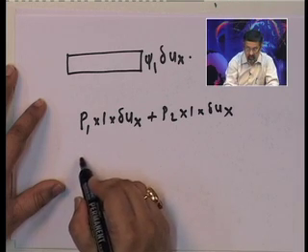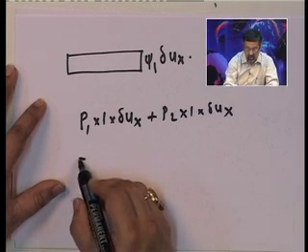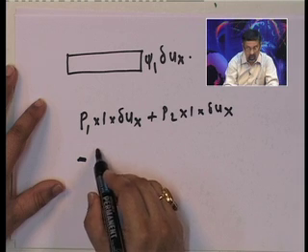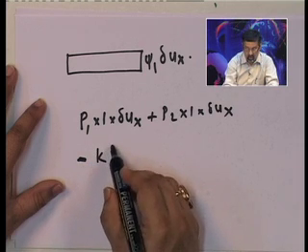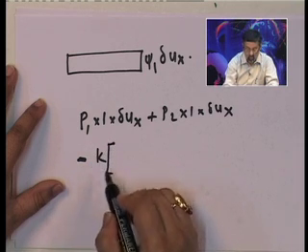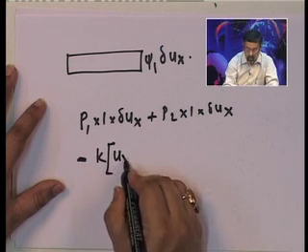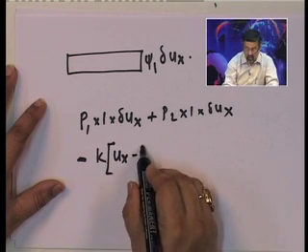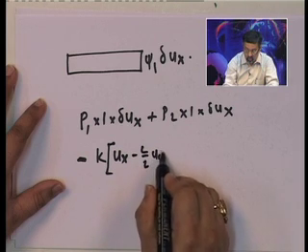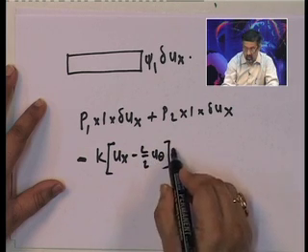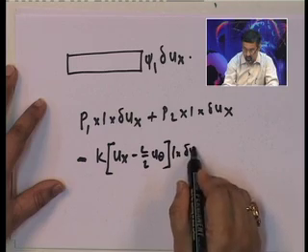Then I have minus, because these are negative work, k into u x minus L by 2 u theta into 1 into delta u x.